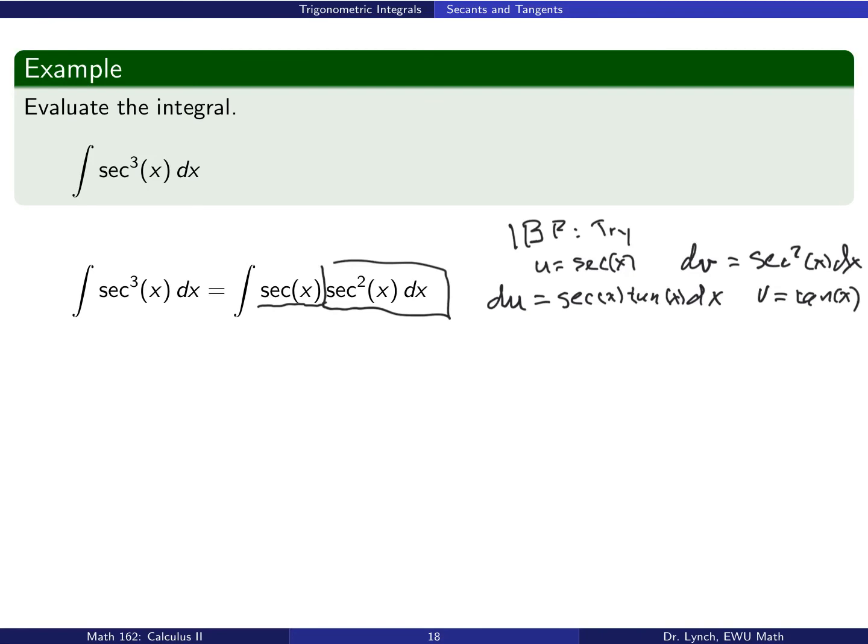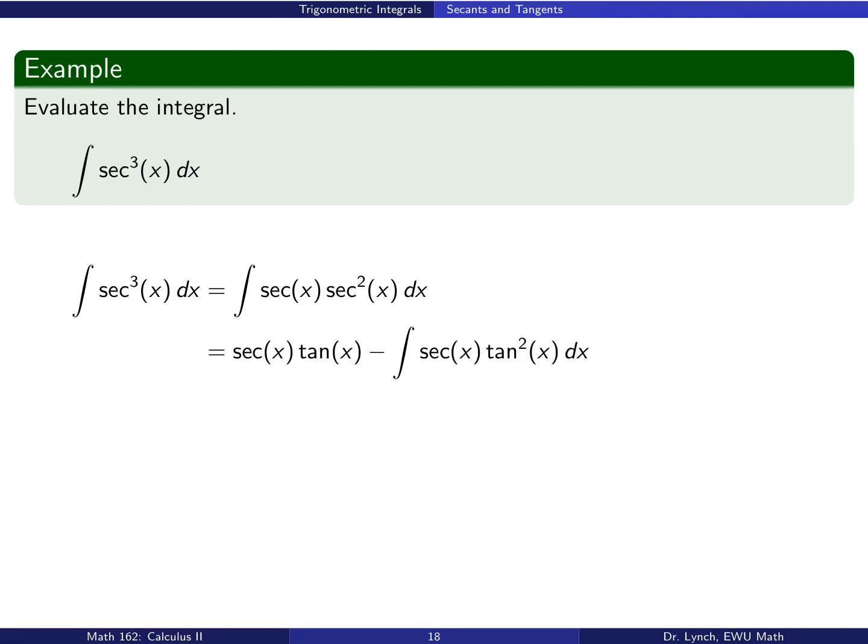We can express our integral as u times v minus the integral of v du. So when we do that, we see that we end up with secant x tangent x, this is u times v, and then secant times tangent squared is the integral of v du.